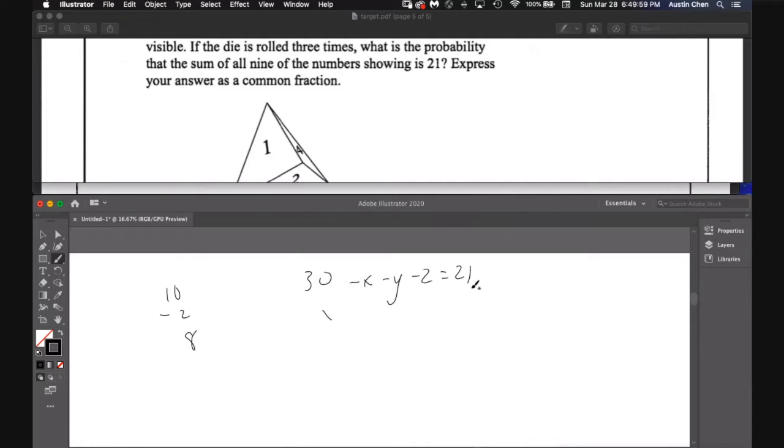Or I can move 30 over and negate everything, and I get x plus y plus z is 9. So basically, we've converted this problem to the sum of the faces you roll on the ground, the sum of your 3 rolls, having to be 9, and we're finding the probability of that.